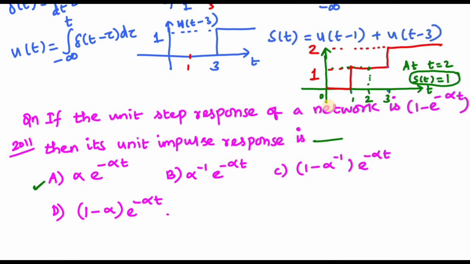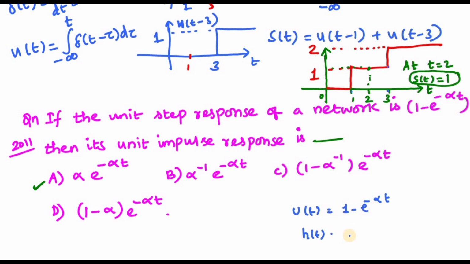Next, if the unit step response of the system is u of t equal to 1 minus e power minus alpha t, what is h of t? If I want to get h of t, I need to differentiate this one.